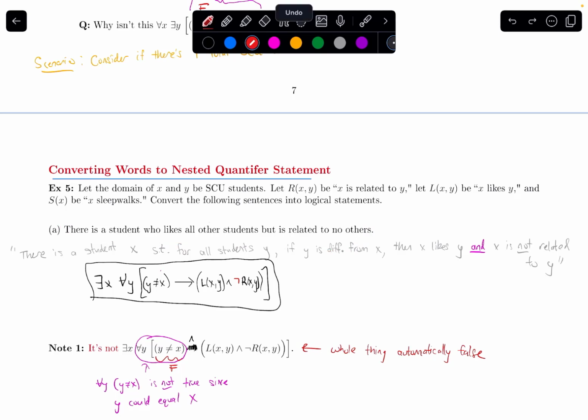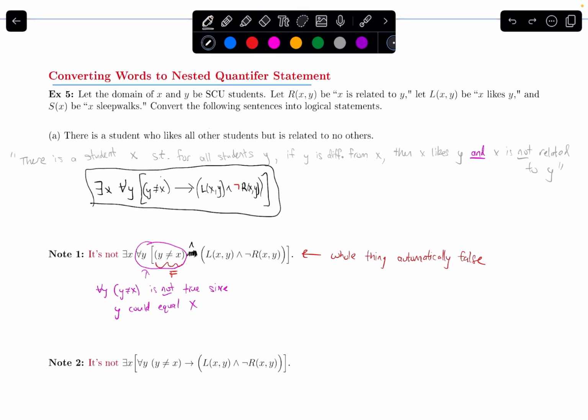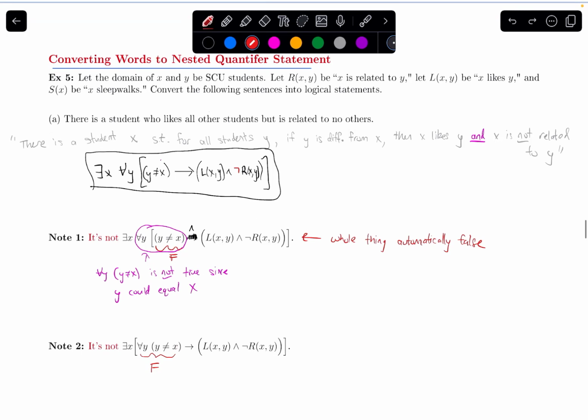Okay, another common way to try to write this would be, what if the for all y was actually inside of the bracket, right next to the y is not equal to x part? There's similar reasoning here. We know that for all y, y is not equal to x is false, because there's one value of y that would make this false, which is what if y was equal to x? And now in an if-then statement, if the if part is false, remember that makes the whole implication automatically true.